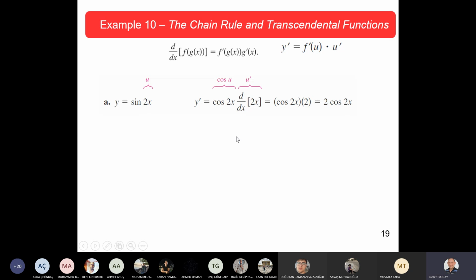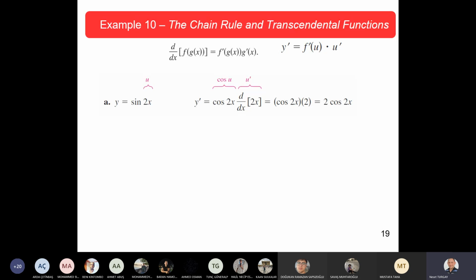Do you understand here? So, for example, I want to ask you, if this was not 2x but 3x, what will you write? Sine 3x, for example, what is the derivative? What will be this solution? 3 cos 3x.